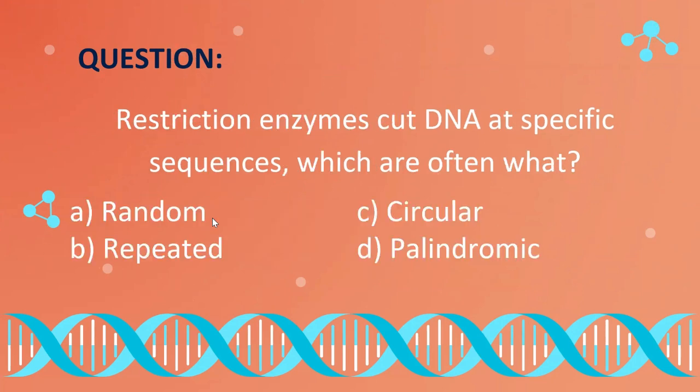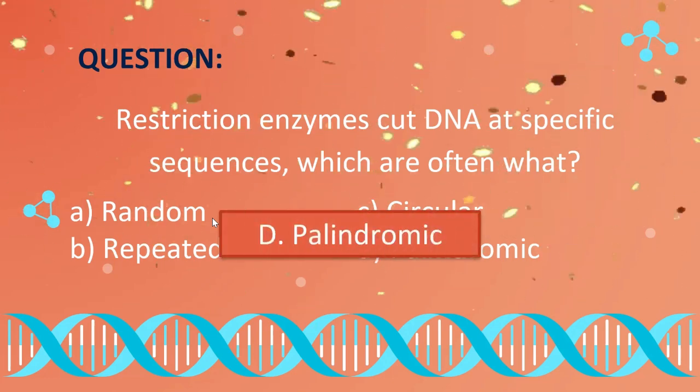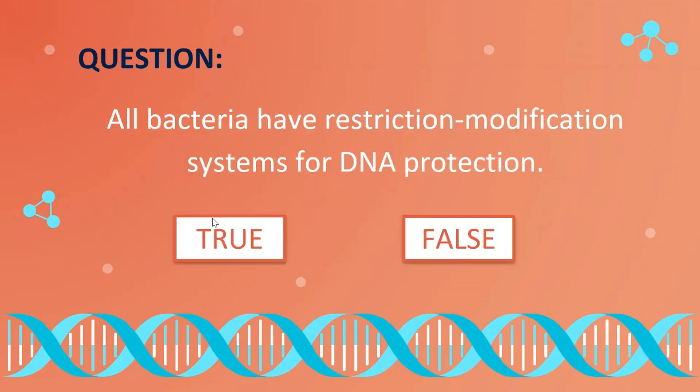So another question, restriction enzymes cut DNA at specific sequences which are often what? A, random? B, repeated? C, circular? D, palindromic? It is palindromic.